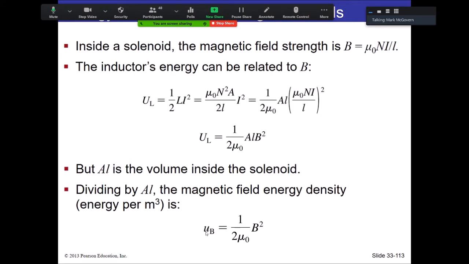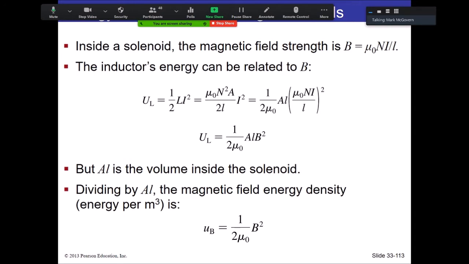And the reason why I'm showing this to you is because it's similar to the one for capacitors, it's a very elegant equation. It's very simple. It just involves the magnetic field strength squared, which is strange, and the mu naught constant. And what's really neat about this is that there's nothing in this formula that says that we are dealing with an inductor.